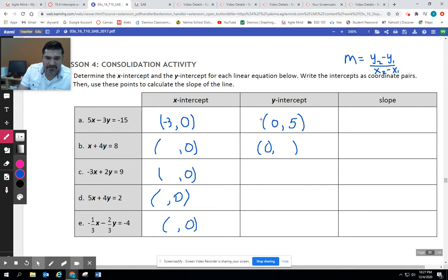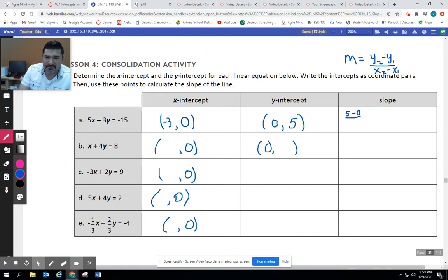Okay, now to find the slope of these 2 points, because we found the x-intercept and the y-intercept, let's go ahead and do the slope. The slope is y2 minus y1. So here's y2 minus y1. So I have 5 minus 0 on top. And on the bottom, I have x2 minus x1.